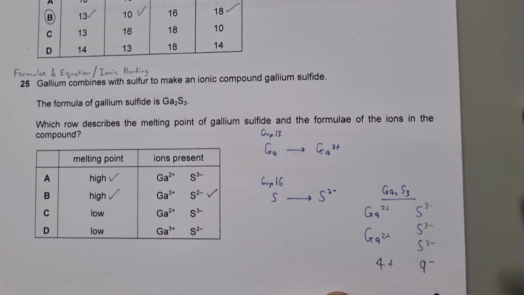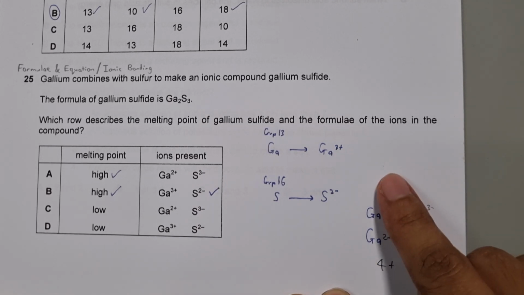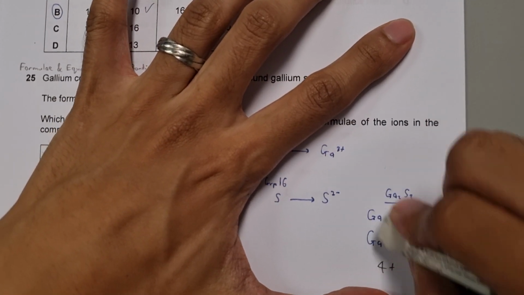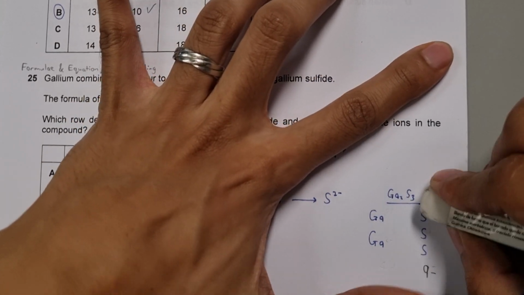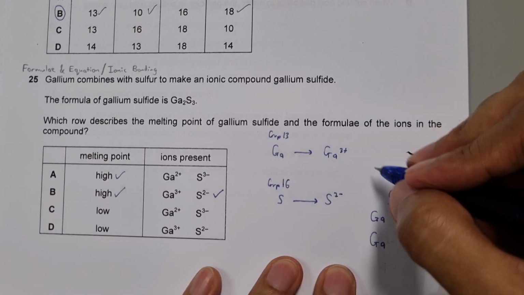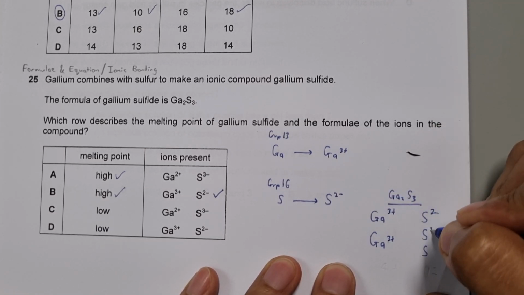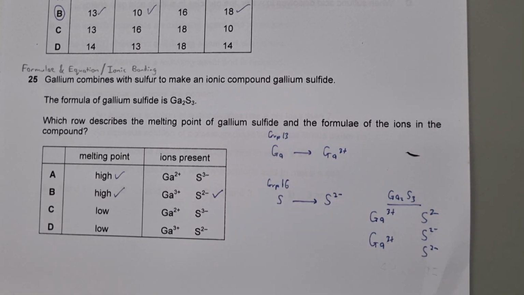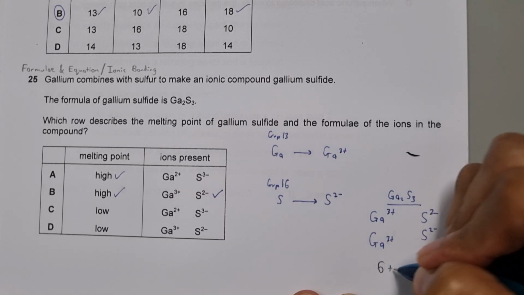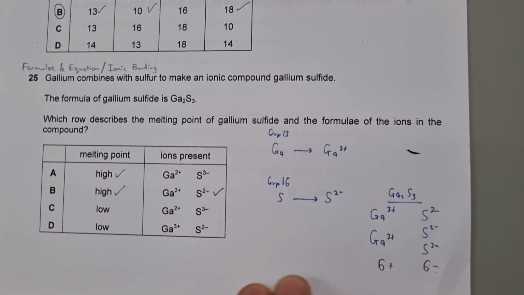The charges are not balanced, therefore this is wrong. The correct one should be 3 plus, 3 plus, 2 minus, 2 minus, 2 minus, and therefore you will get 6 plus and 6 minus. The charges are balanced. Therefore the answer is B.